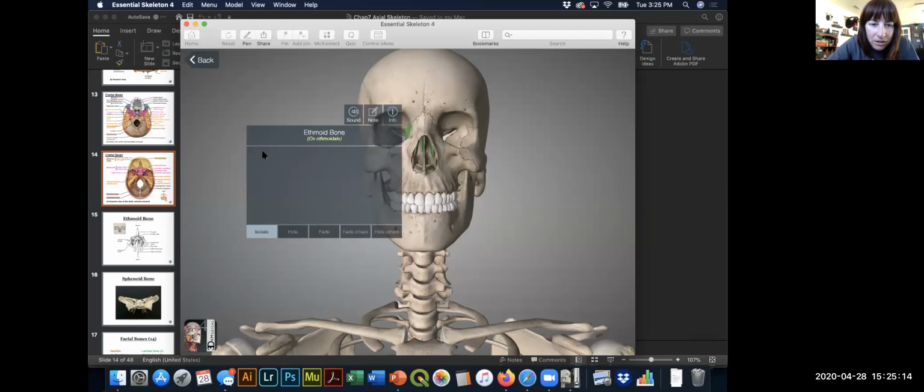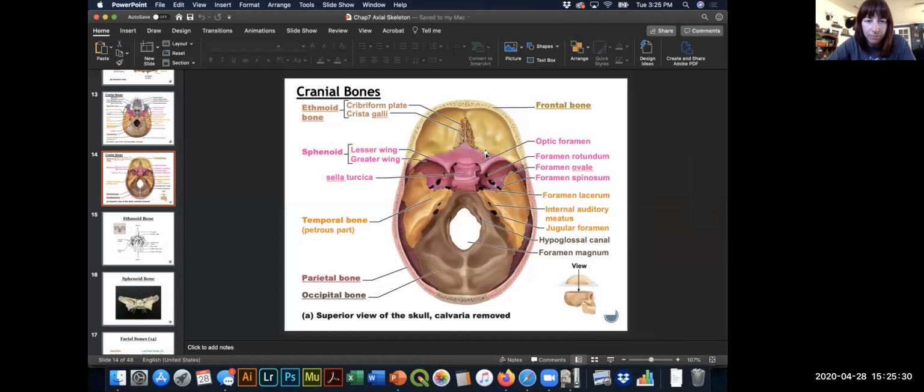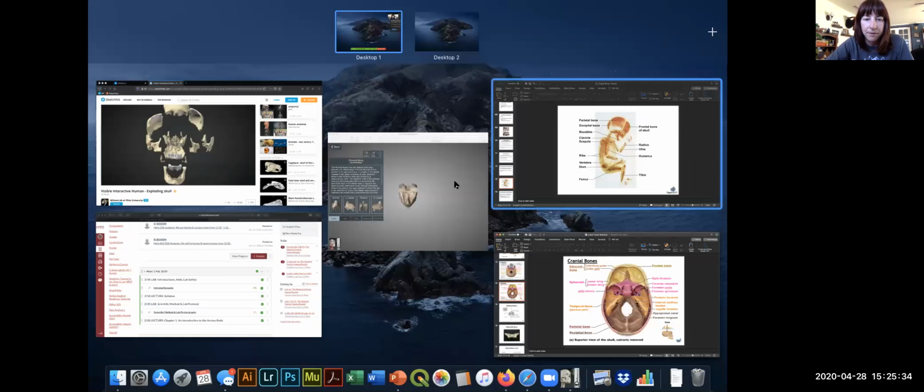Oh my God, I just figured it out. Hello, this is what I want. Awesome. So this is that middle concha. And then this is the plate, the cribriform plate, right up at the top there.